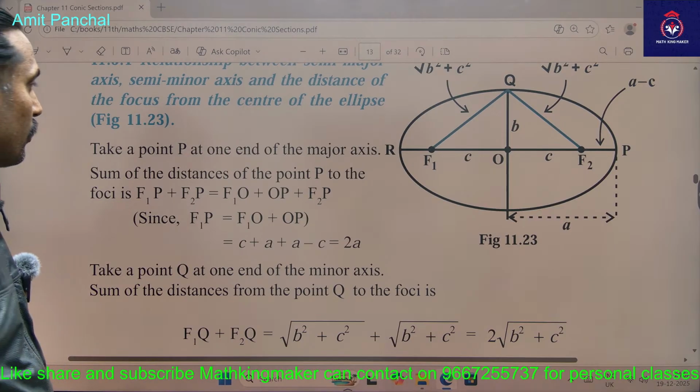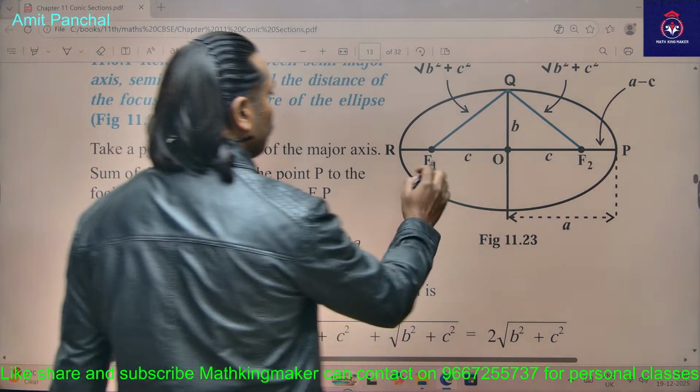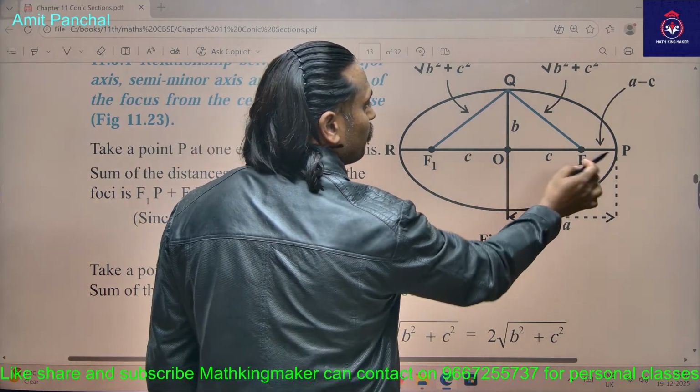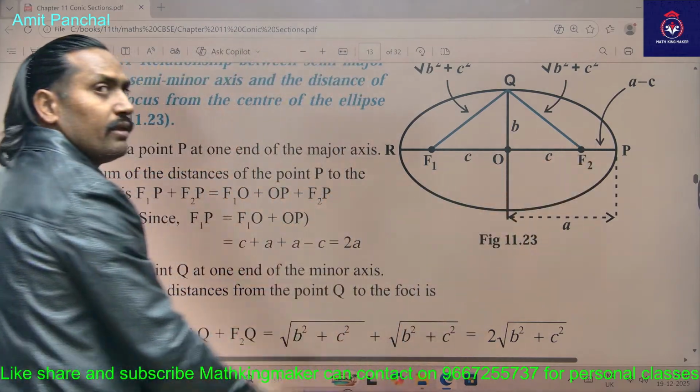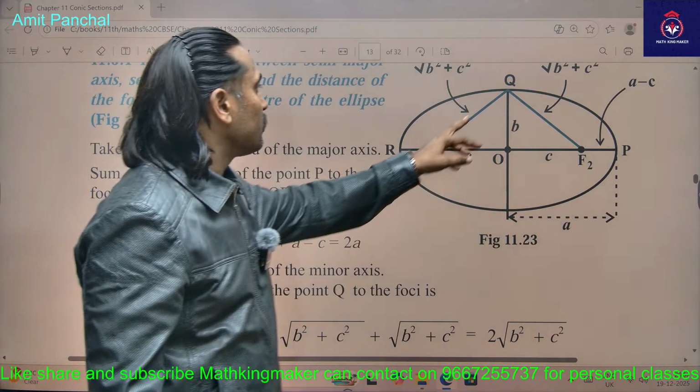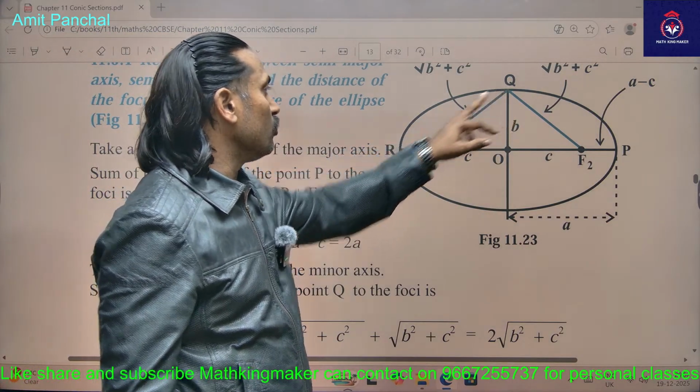We have seen that the sum of the distances from the foci for P is 2a, so for Q it will be the same.